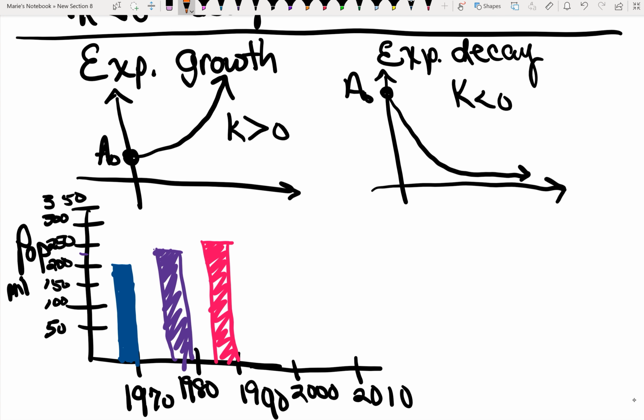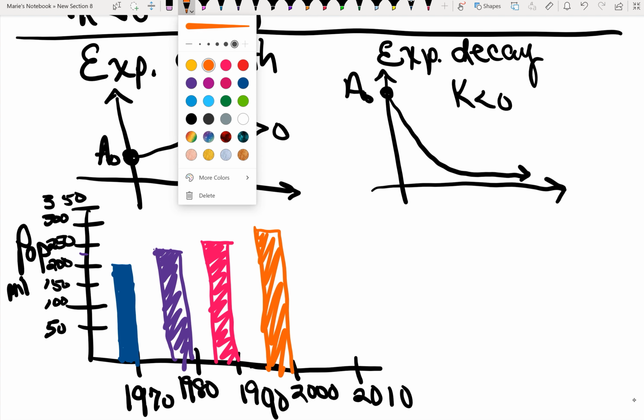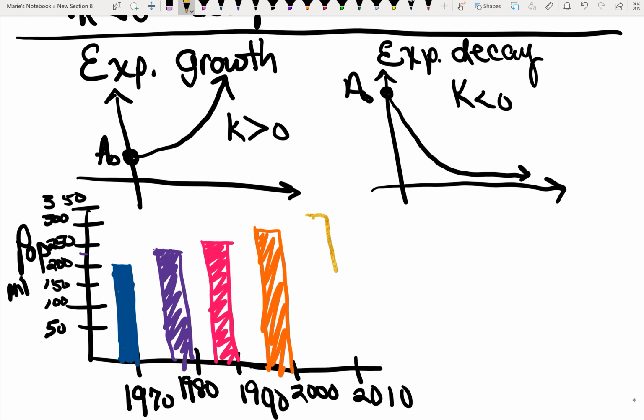Okay, in orange we have the year 2000, heading close to 281, so very close to 300, so let's put it about here. I'm doing the best I can to match the graph. And then in kind of a funky yellow, let's go with this one. We're at 308, just over the threshold of 308. So let's see.